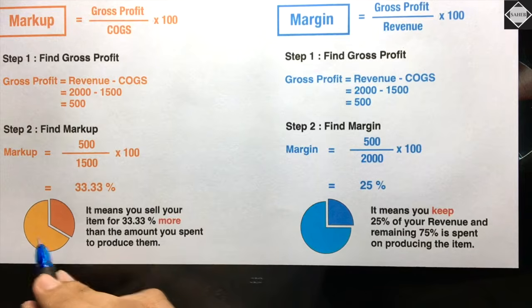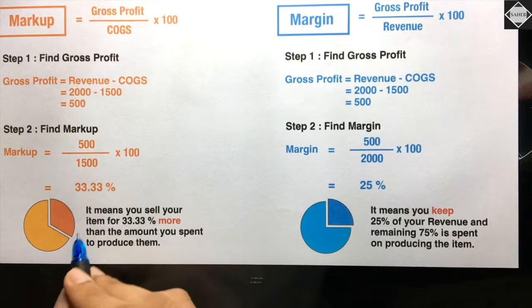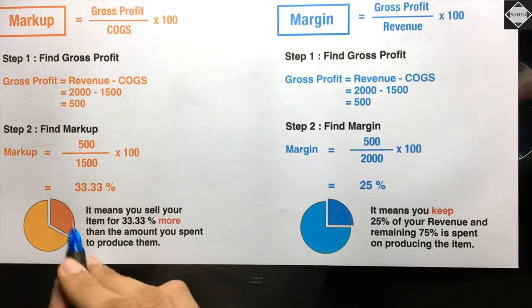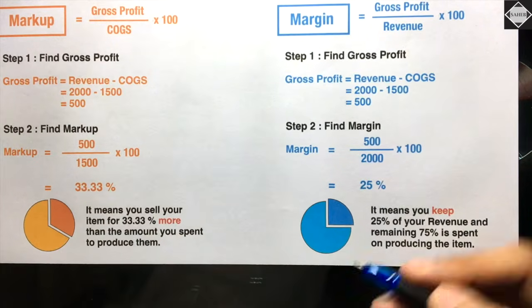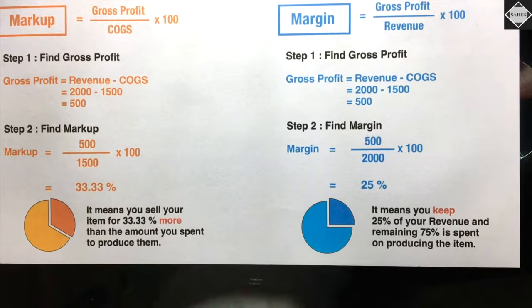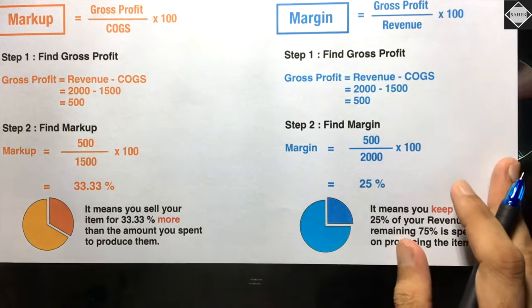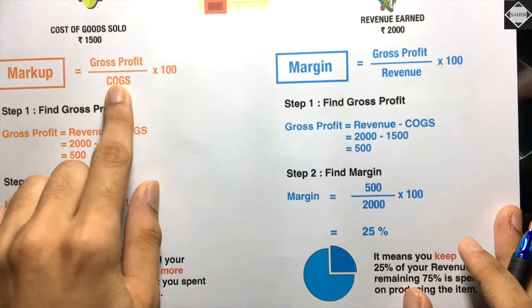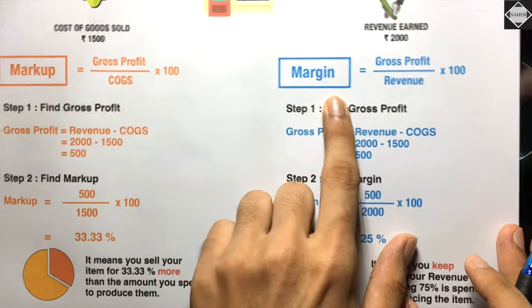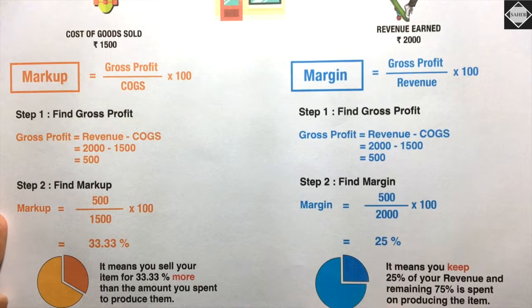Here also, 33.33% is your gross profit, but in terms of COGS. Here it is in terms of revenue. So that's how it is. But understand, from the markup's point of view this whole pie chart 100% is considered as COGS, and from the margin point of view 100% is considered as the revenue.